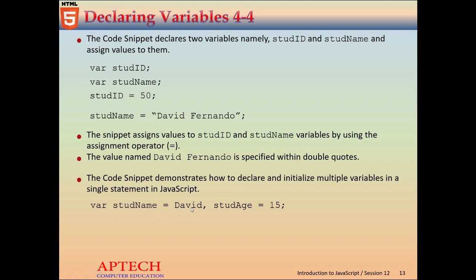Or we can even write var stud name, the variable, and stud age 15. So stud name will act as a string variable and stud age will act as an integer variable, depending on the value that is being stored.